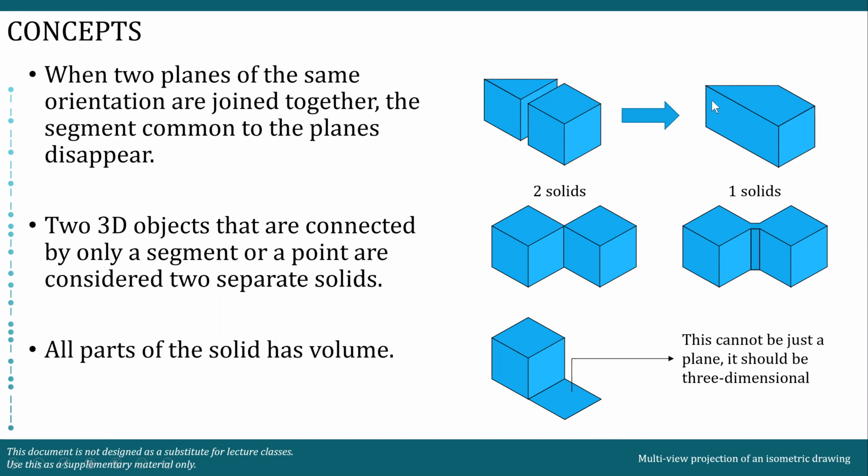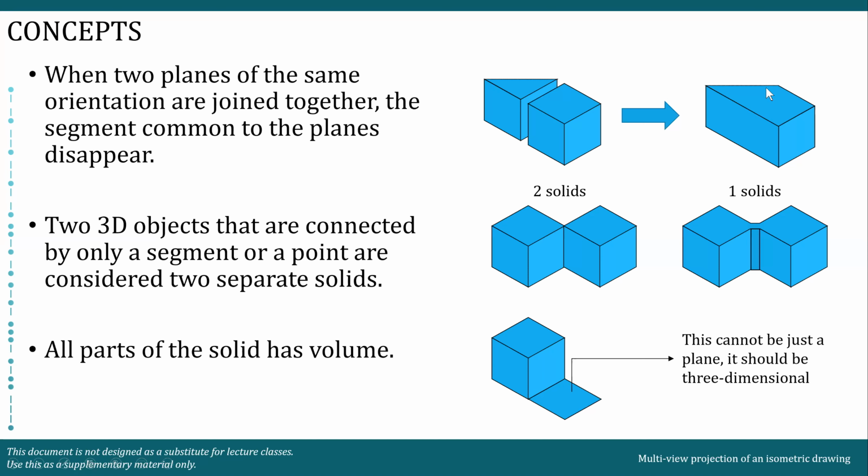Ano ang consequence nun? Ibig sabihin, kapag sa plate nakakita kayo ng line sa gitna, you are sure that they are not the same plane. Ibig sabihin, magkaiba sila ng orientation o kaya magkaiba sila ng depth. Hindi pwedeng magkapareho sila ng orientation at magkapareho ng depth kung may line sa gitna.